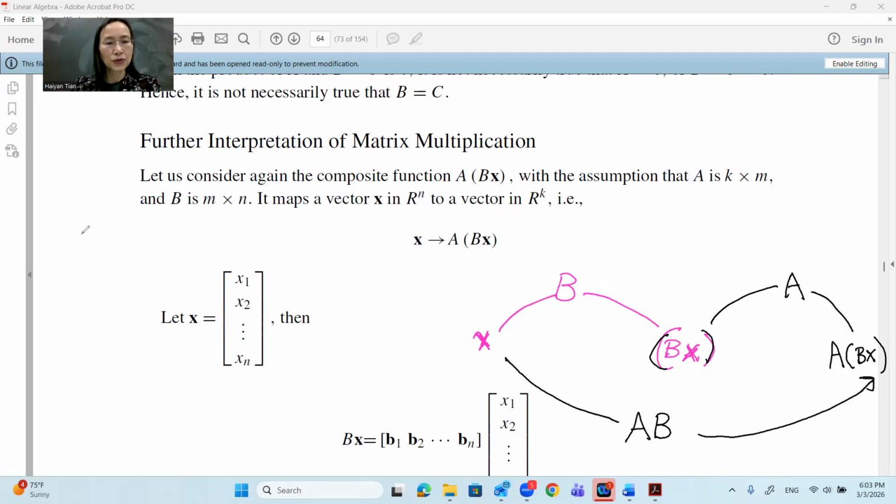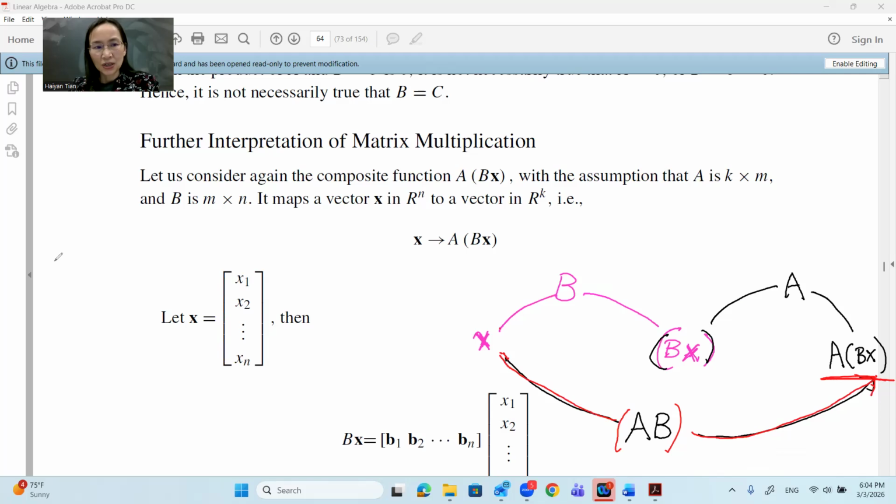AB is another matrix, and certainly it depends on A and B. The effect of AB is that you apply B first. So AB is a mapping that maps a vector X to the vector A on BX.